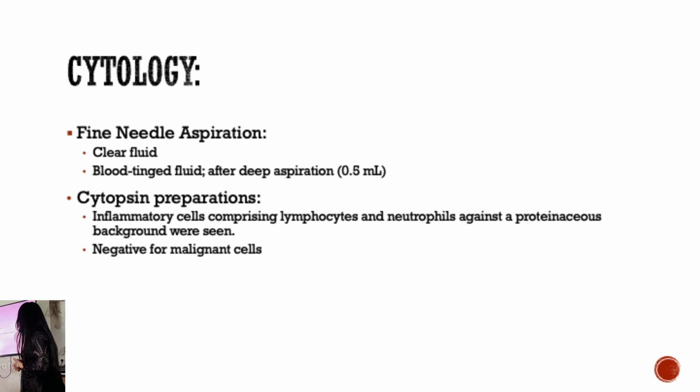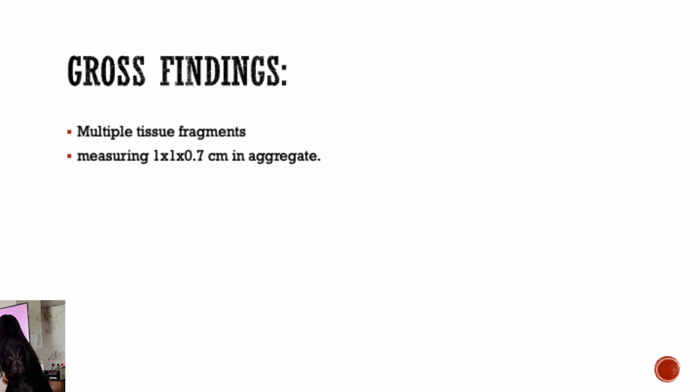But on deep aspiration, it was blood tinged, which revealed that there were probably some solid components within the swelling. On cytospin preparation, it showed inflammatory cells with some lymphocytes and neutrophils against a proteinaceous background. It was negative for malignant cells, so we proceeded to histopathology. We received multiple tissue fragments, 1 centimeter in aggregate.